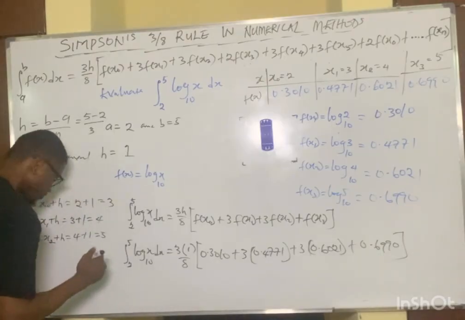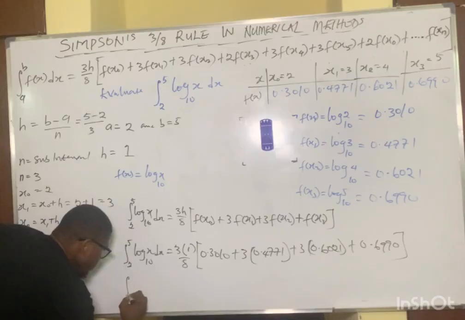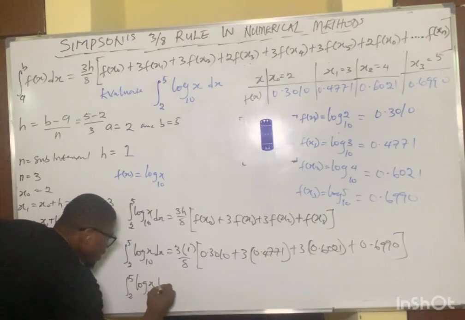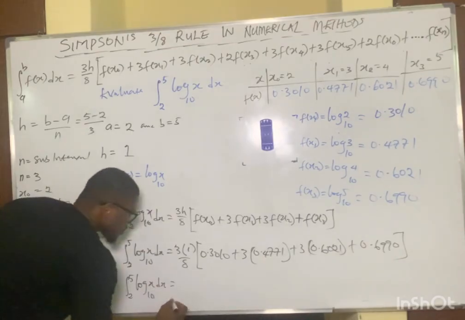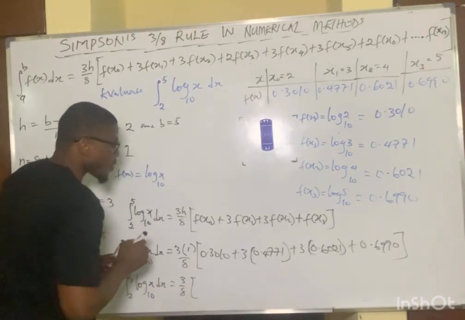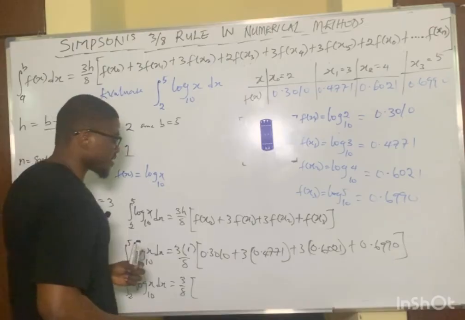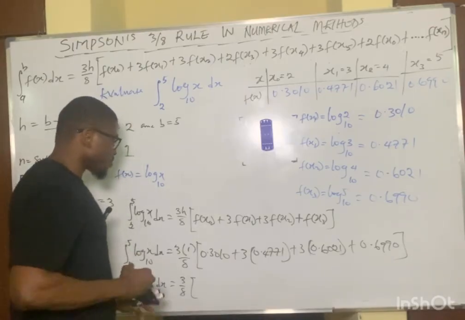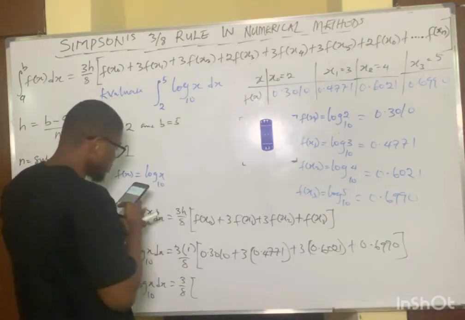So the integral from 2 to 5 of log 10 x dx is going to be 3 times 1 over 8, which remains 3 over 8, multiplied by the bracket. Now I will evaluate everything in the bracket, so do well to follow along with me to avoid calculation errors.